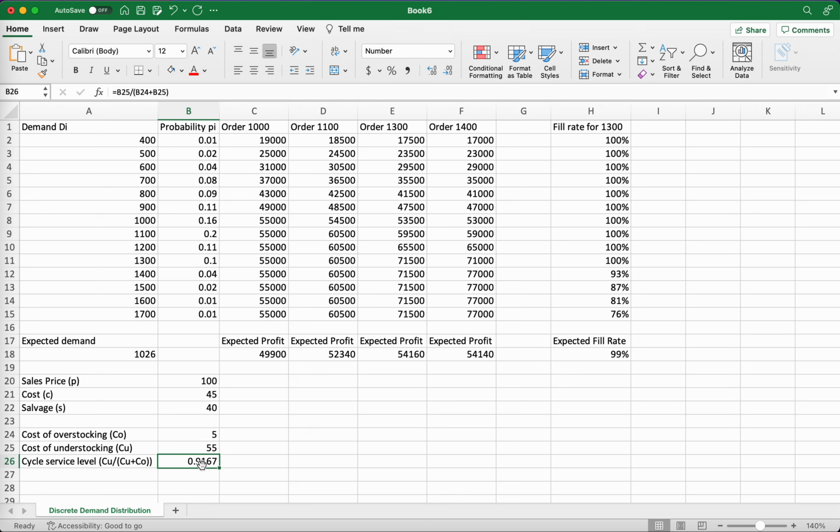Given all the different scenarios and probabilities that you have, optimally you should be able to satisfy 91.67% of customer demand, right? So how do I figure out what my order quantity should be so that I'm able to satisfy this? To do that, we'll take these probability values, and then we'll calculate the cumulative probability.